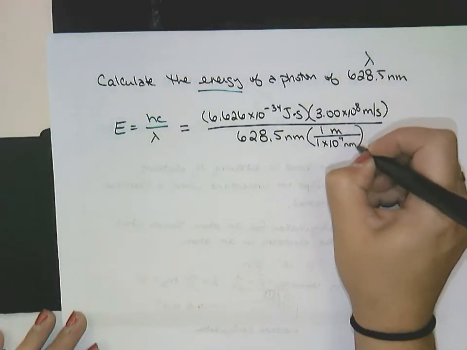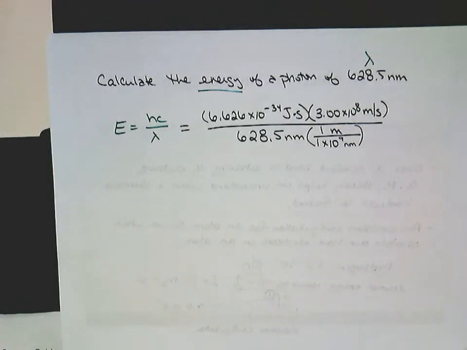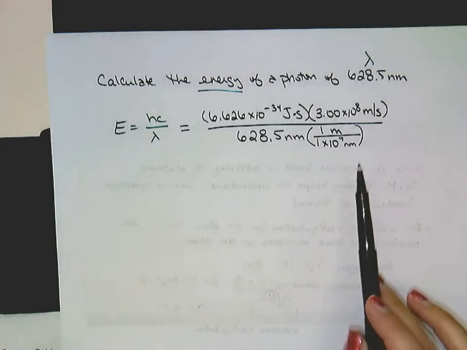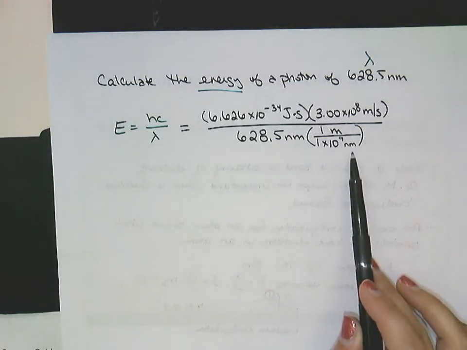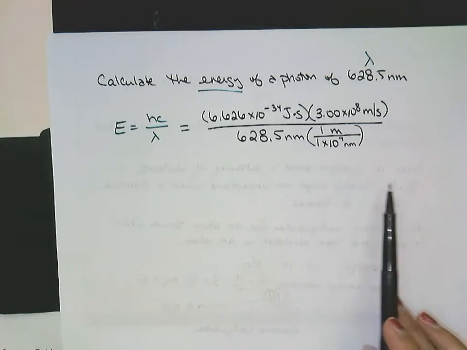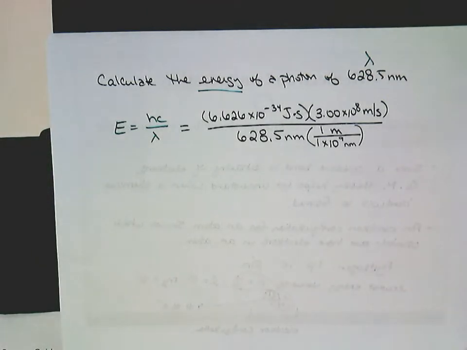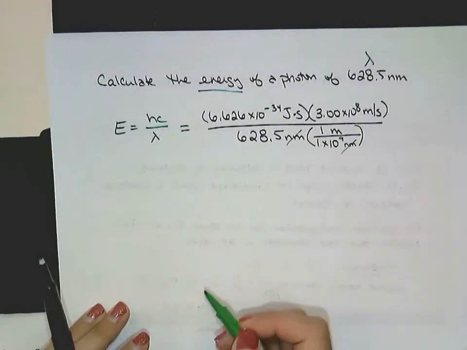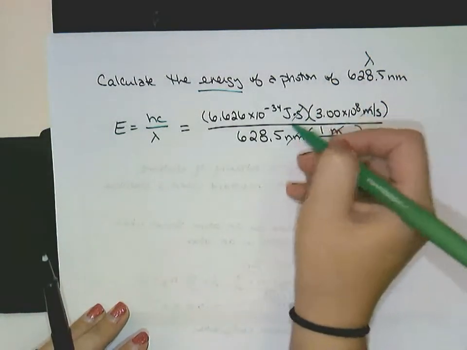Right, it has to be a positive number because there's a bunch of nanometers in a meter. A nanometer is a tiny fraction of the width of your hair, so you're going to need 1 with 9 zeros to equal a meter. All right, so then we're ready to do the calculation.